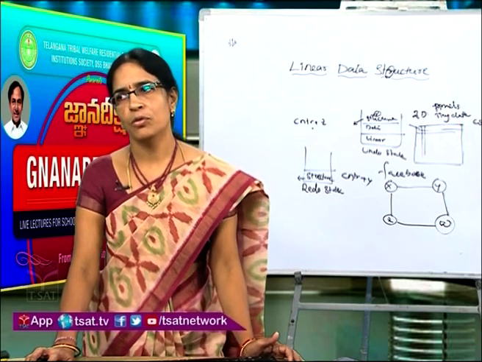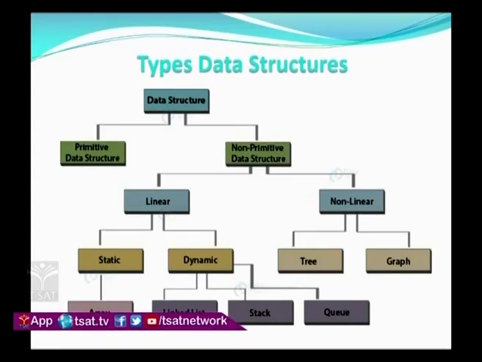Now we move to types of data structures. Data structures are majorly divided into two types: primitive data structures and non-primitive data structures. The primitive data structures we already discussed in C and C++ in basic programming, like integer, float. Coming to the non-primitive data structures, there are linear and non-linear data structures.